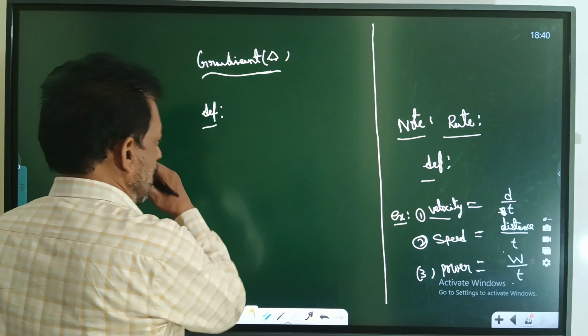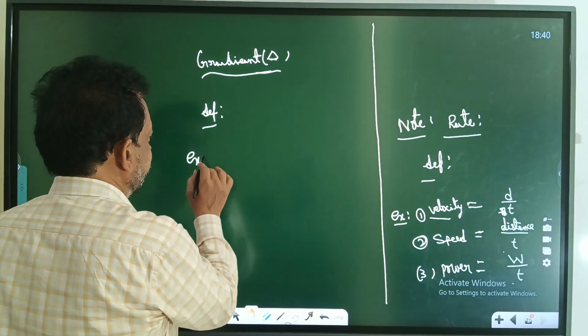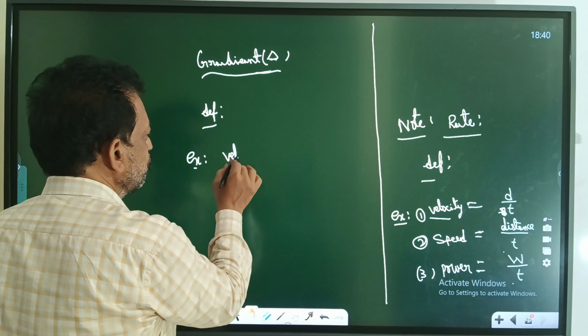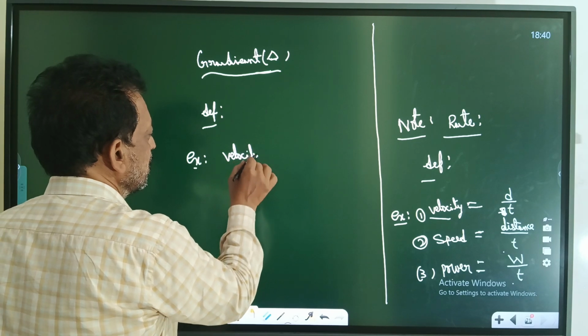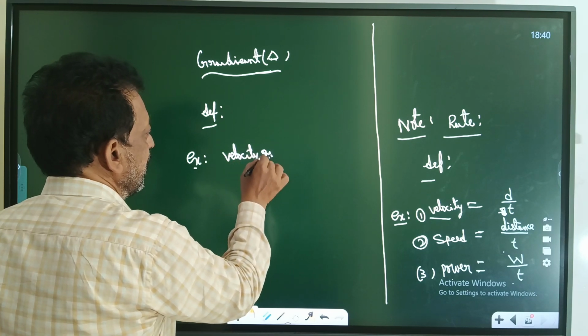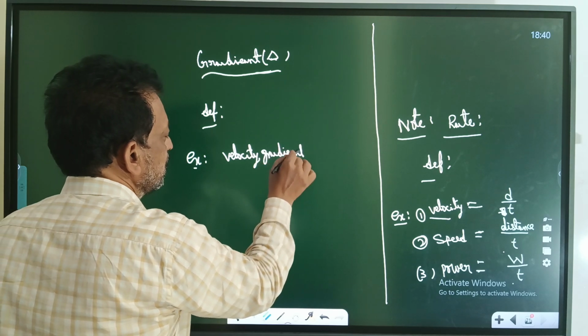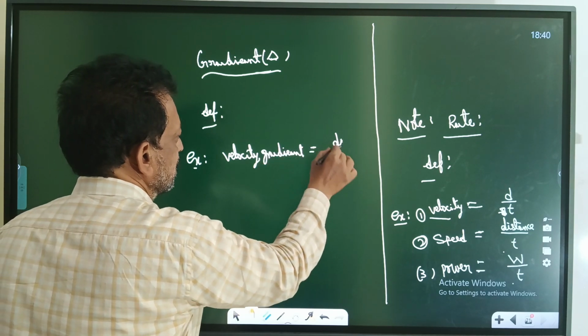Now, take an example: velocity gradient. What is it called? dv by dx.